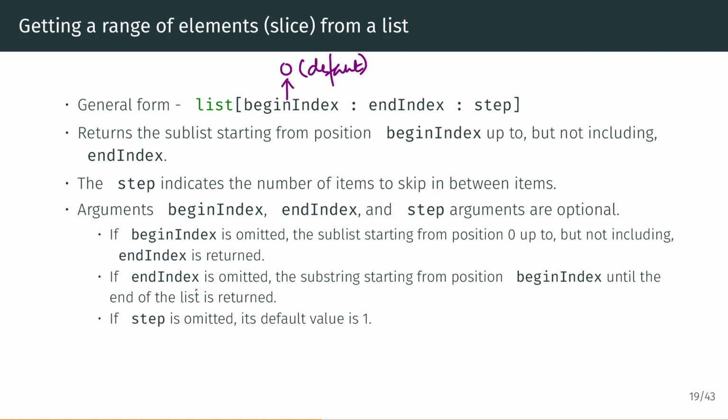If the end index is omitted, the sublist starting from position begin index until the end of the list is returned. So if end index is omitted, it defaults to the length of the list. And if the step size is omitted, it defaults to 1.